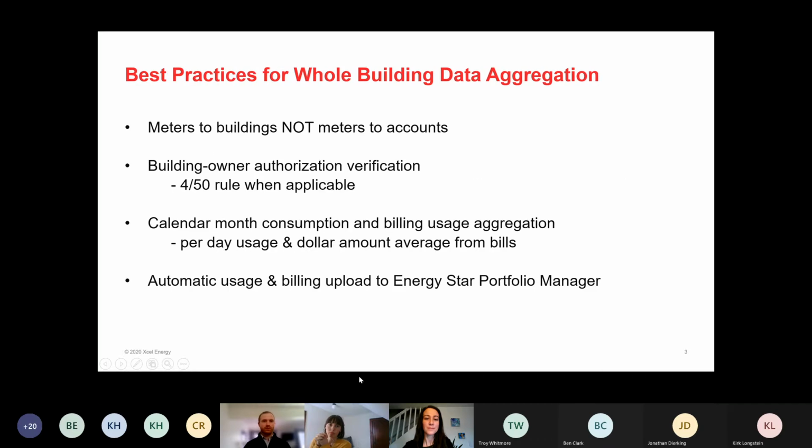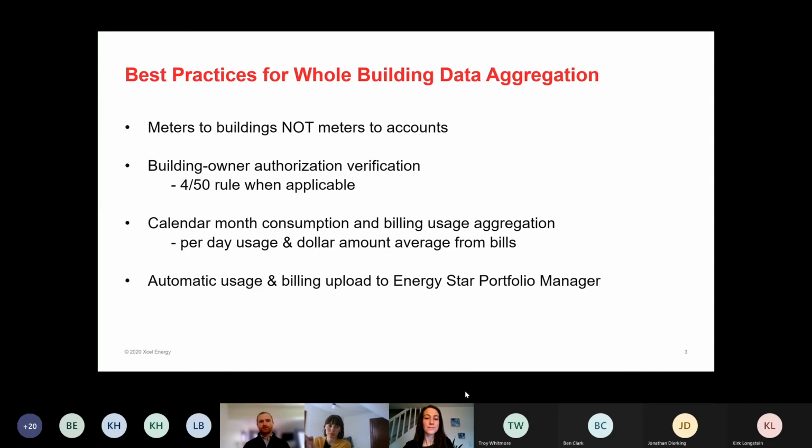So just a couple of quick best practices when implementing a whole building data aggregation strategy. We map meters to buildings and not meters to accounts. Ensure that you're always utilizing the building owner authorization verification and the 450 rule when it is applicable. At Xcel Energy, when we do this aggregation, we put it into a monthly calendarized view when it's uploaded into Energy Star.